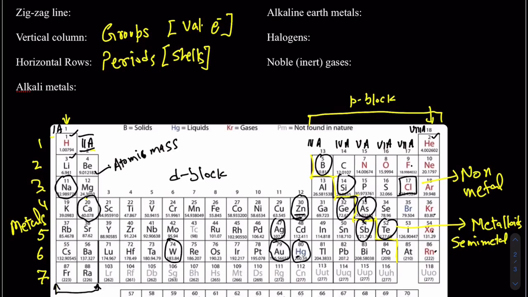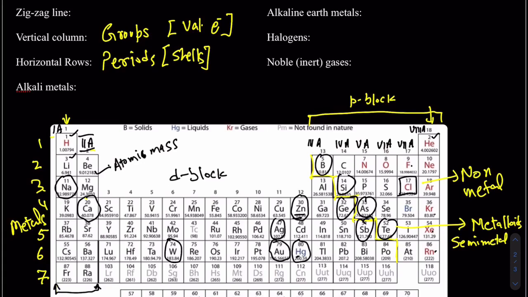Chlorine, which is 17, is in group 7A. Since this is in group 7A, it's going to have 7 valence electrons. So these letter group numbers give you the number of valence electrons in a particular element. So you don't want to draw those every single time. Make sure you know this. It's going to be very useful as we move along.